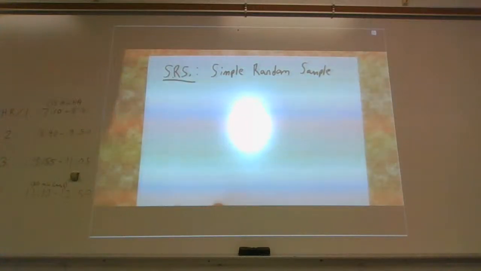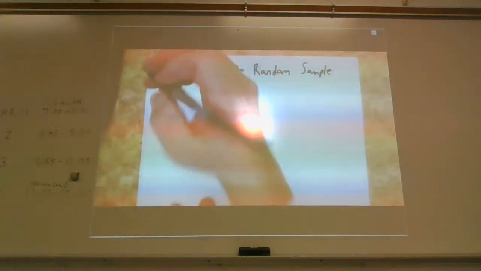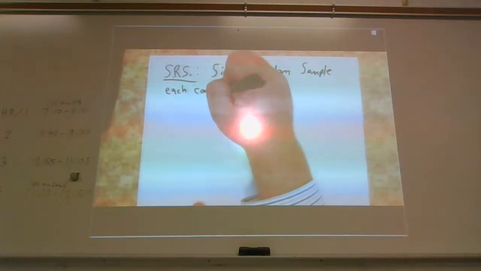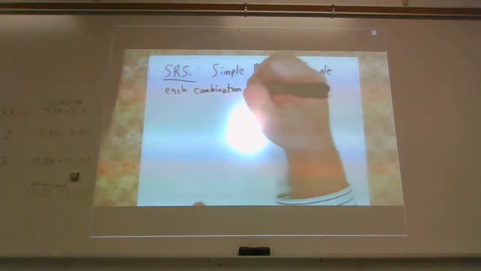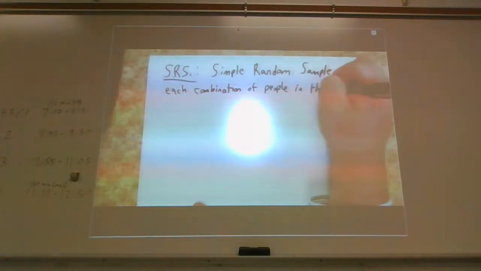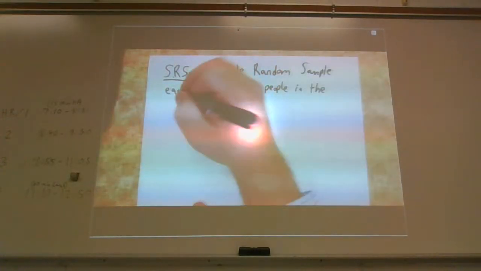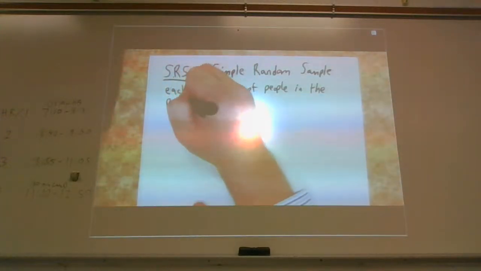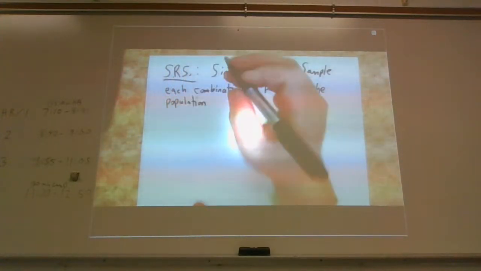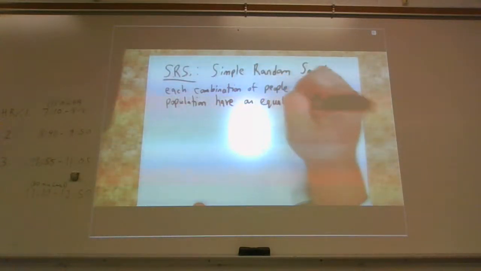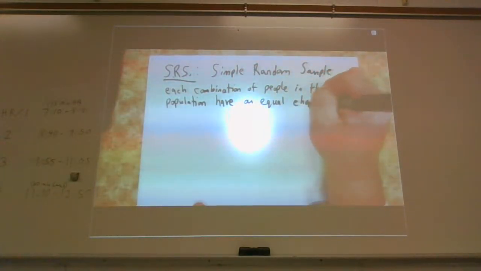Or some people say simple random survey. I call it simple random sample, either way. What it really means is each combination of people in the population, I got to be more specific with my words, have an equal chance of being selected.